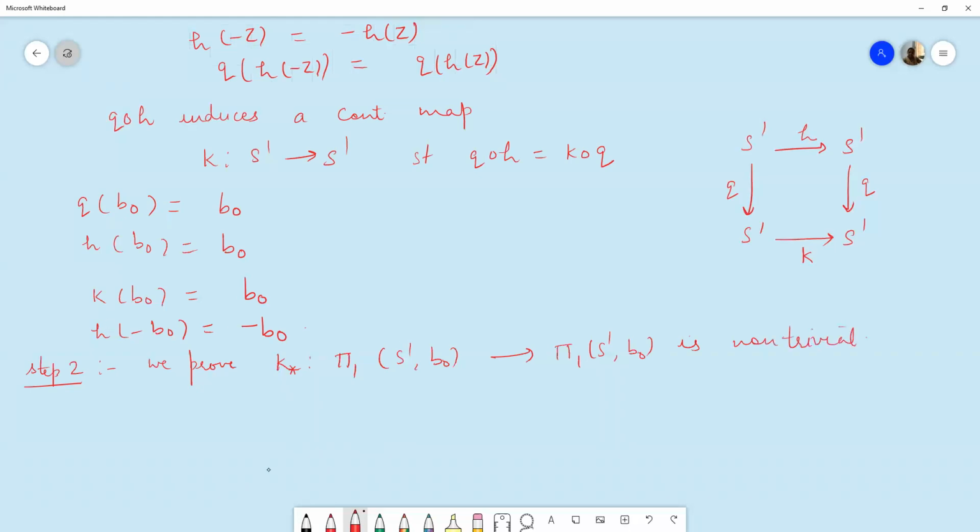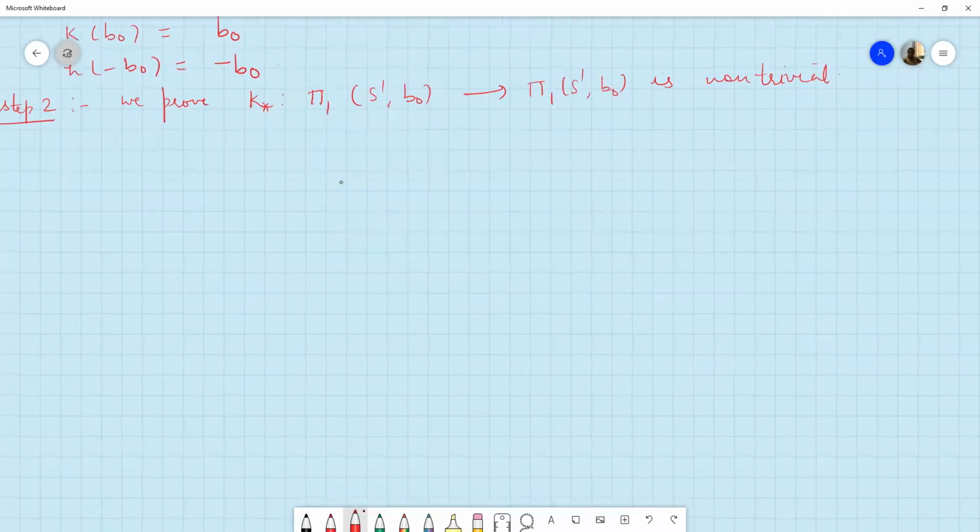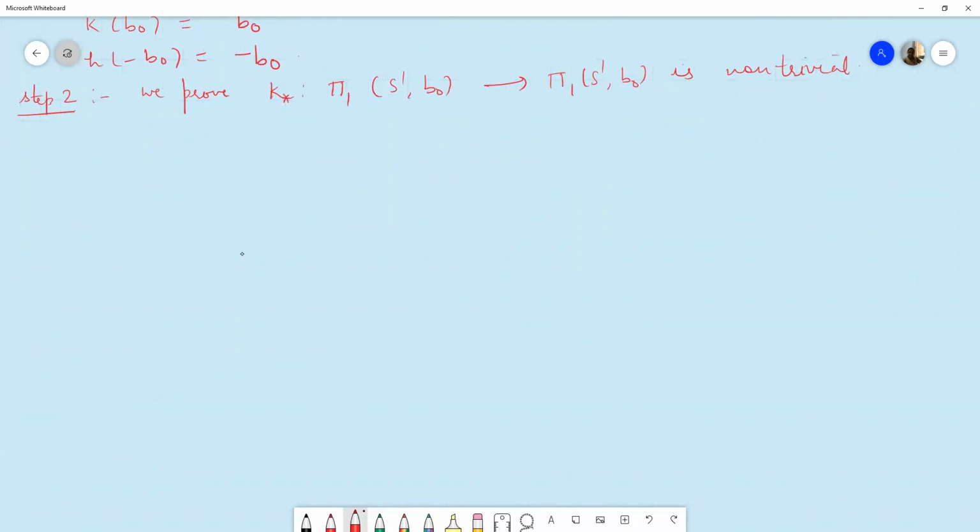Basically, we will prove here that this K star is an injective map, and being injective, it will be non-trivial because it is from Z to Z, from an infinite group to an infinite group.